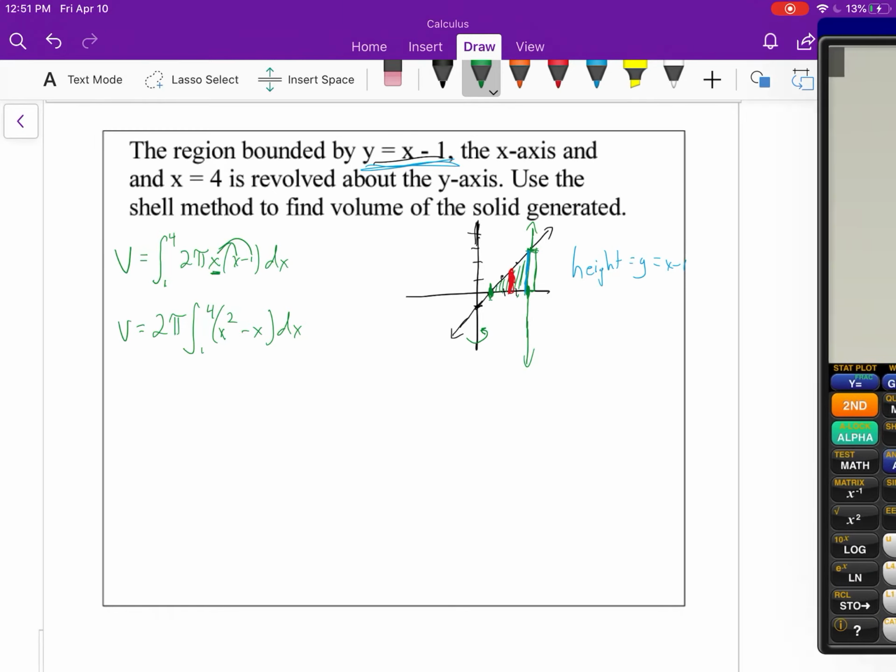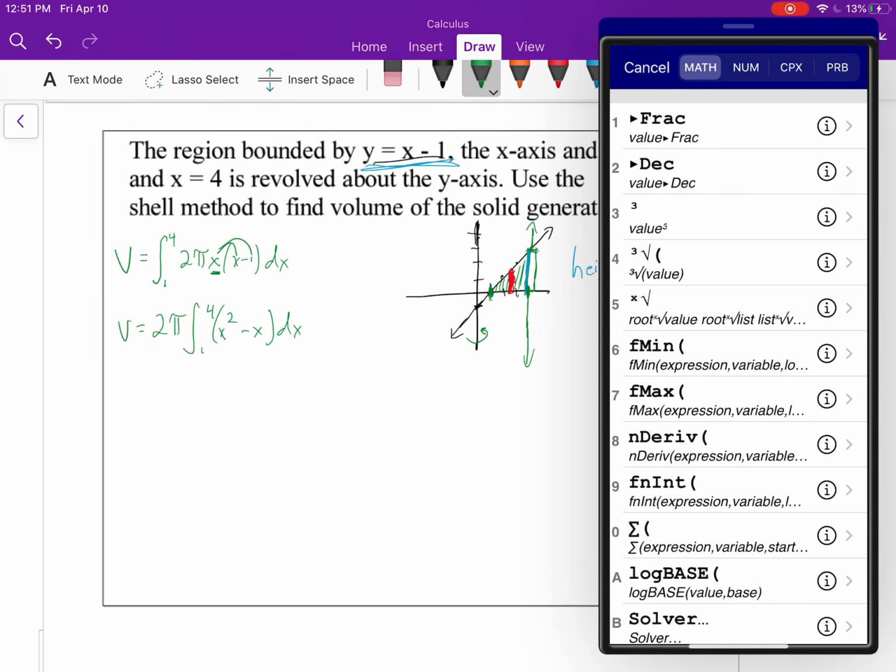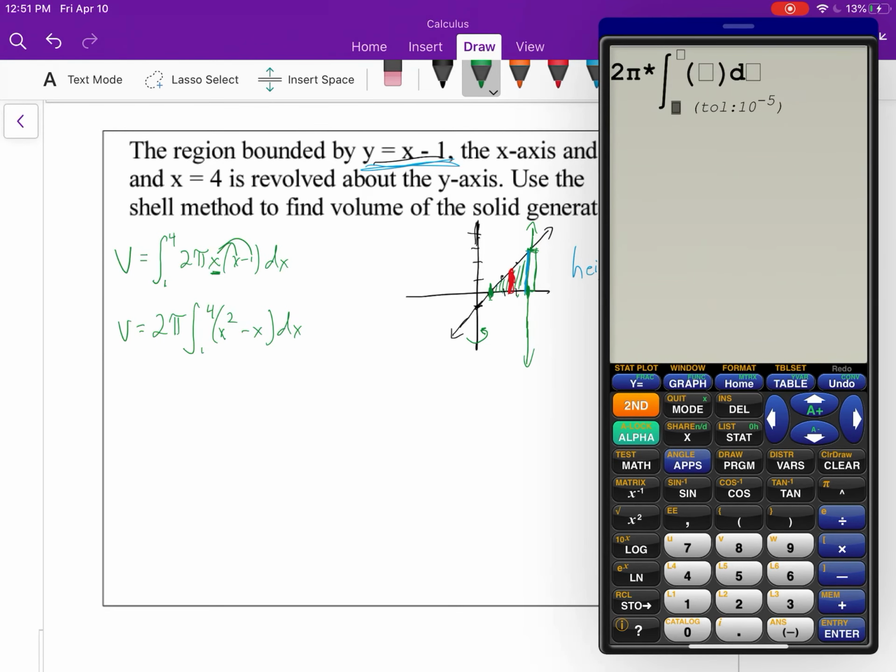We could obviously solve this by hand. Let's go ahead and do this on the calculator. So we want 2 times pi, and we're going to multiply by the integral. So math 9 is what it would be on a TI-84. So we got from 1 to 4. And then in here we want x squared minus x.